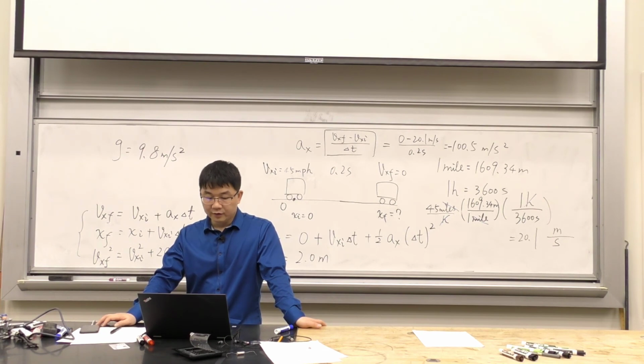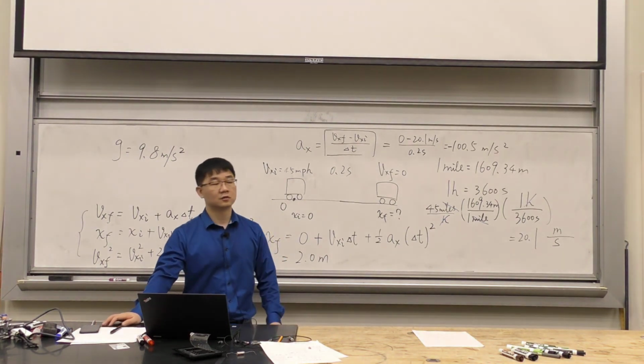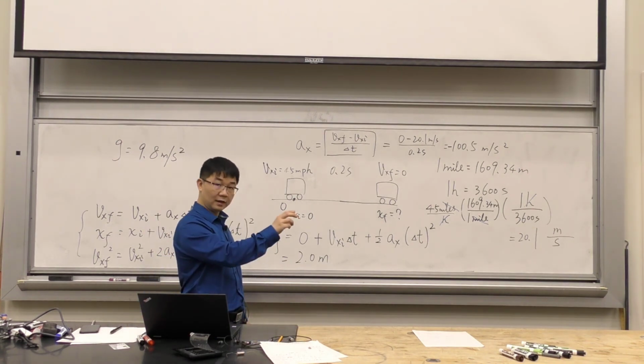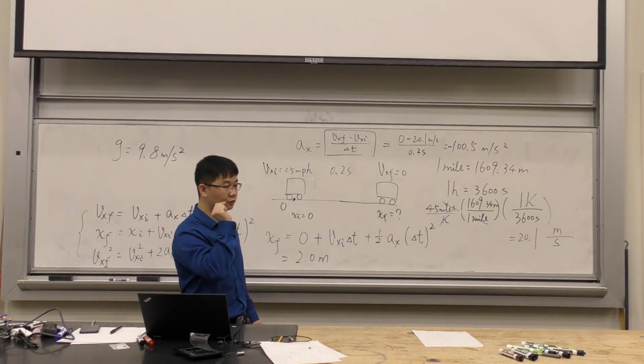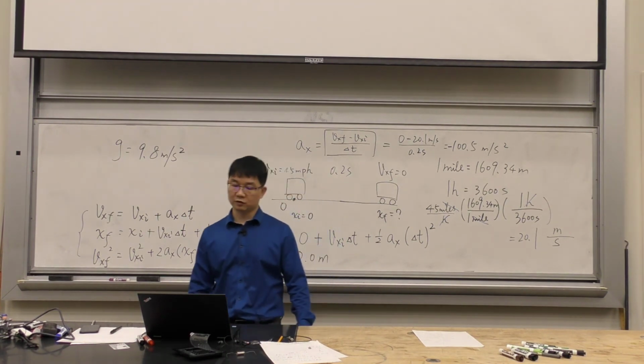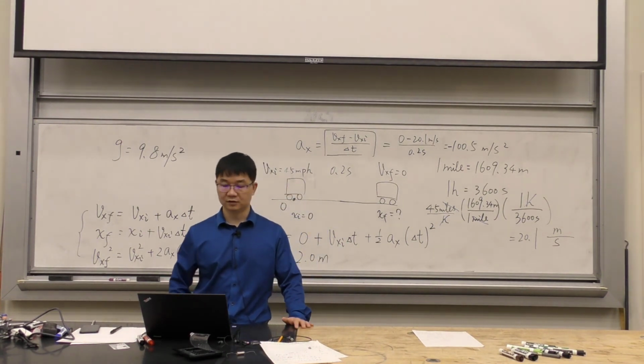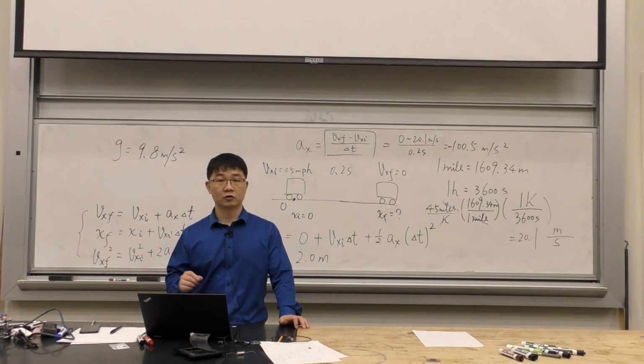Even if you throw something horizontally or at an angle like this, we know that it's going to move in a parabola. It's not going to move in a straight line. We're going to study that in detail. That's actually called projectile motion.